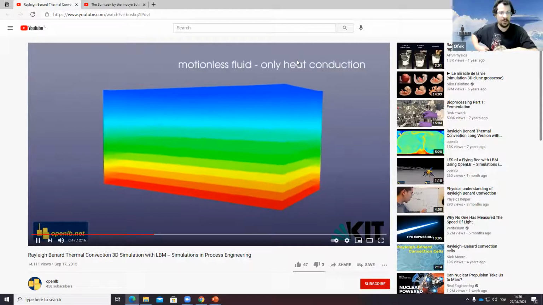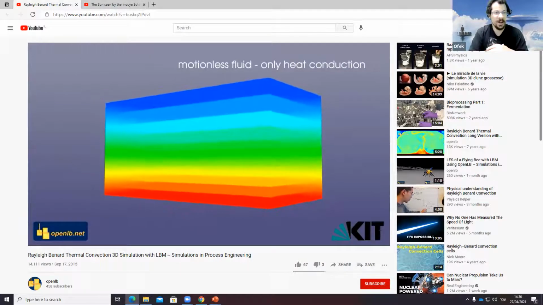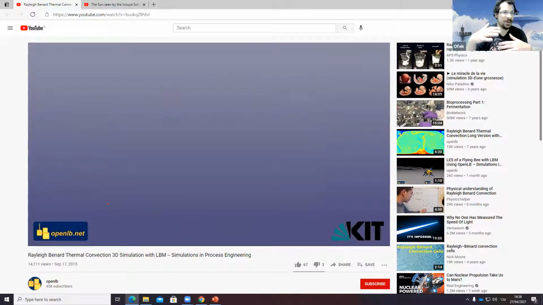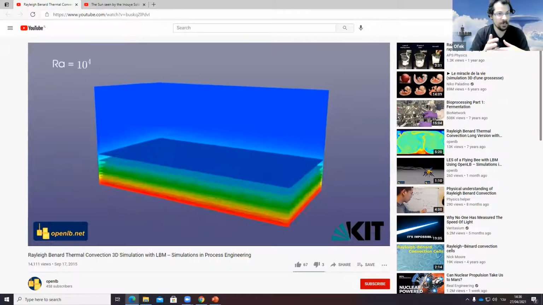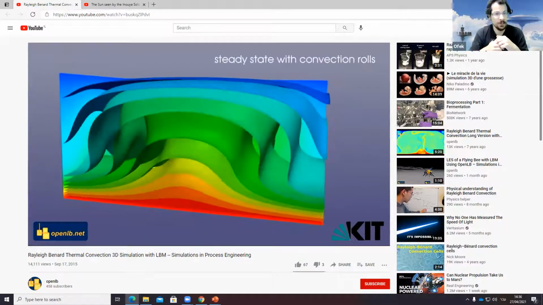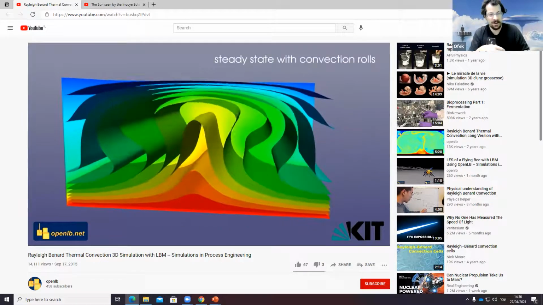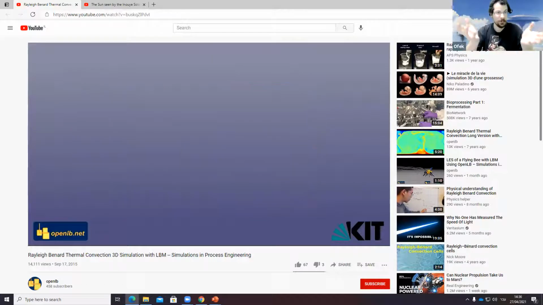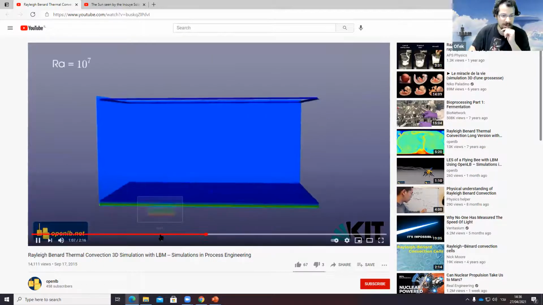This is an example of heating the bottom of a container. And if the fluid doesn't move, you just get layers of different temperature, a gradient moving up. If you allow the fluid itself to move, then as the hotter matter moves up, it of course also folds the shape.